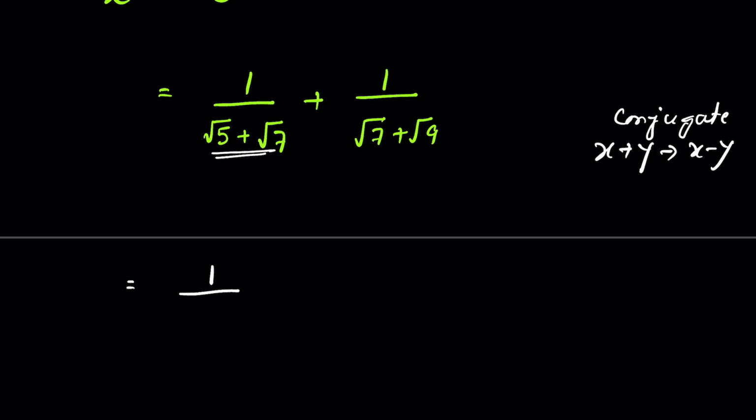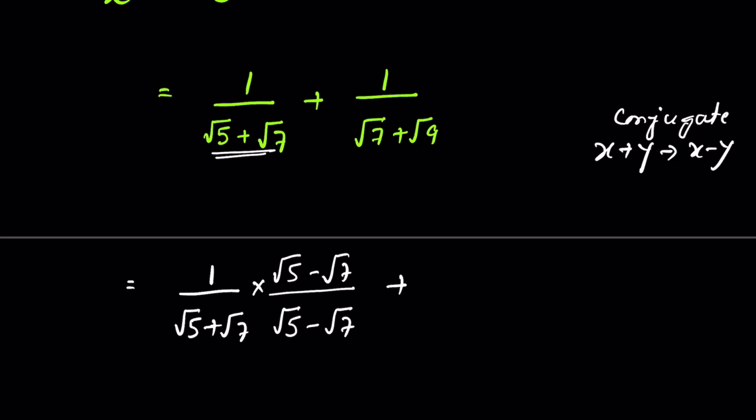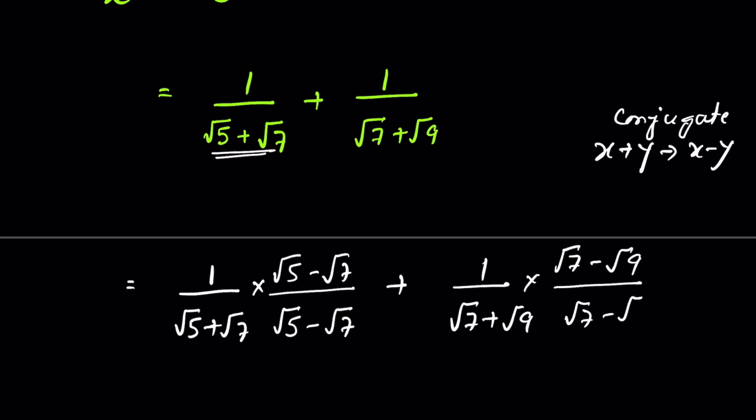Therefore, conjugate of square root of 5 plus square root of 7 will be square root of 5 minus square root of 7. So we multiply and divide it by the conjugate, plus 1 upon square root of 7 plus square root of 9 times square root of 7 minus square root of 9 upon square root of 7 minus square root of 9.